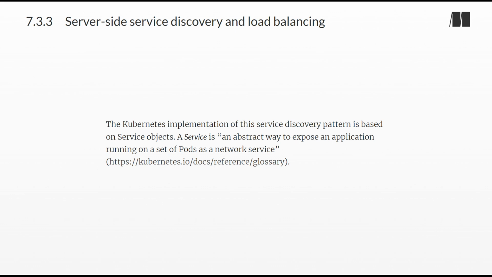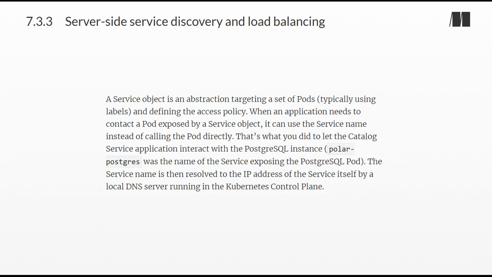A service is an abstract way to expose an application running on a set of pods as a network service. A service object is an abstraction targeting a set of pods, typically using labels, and defining the access policy. When an application needs to contact a pod exposed by a service object, it can use the service name instead of calling the pod directly.